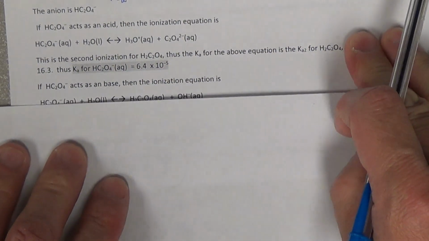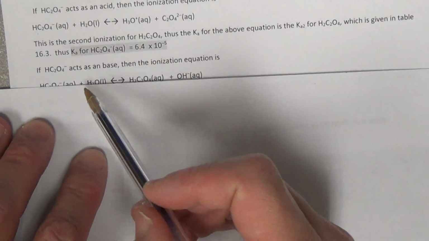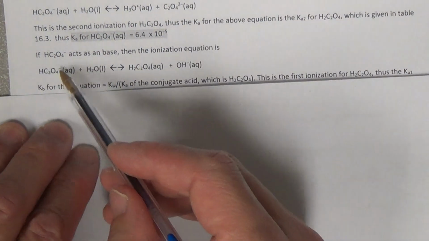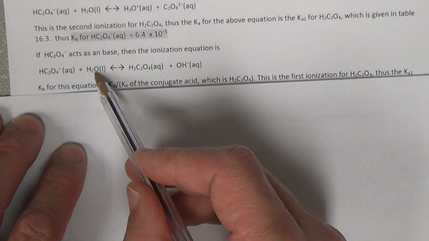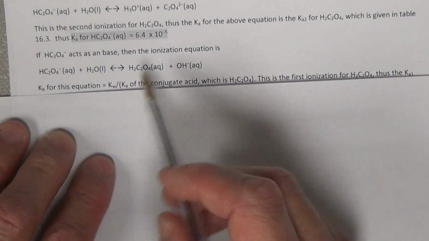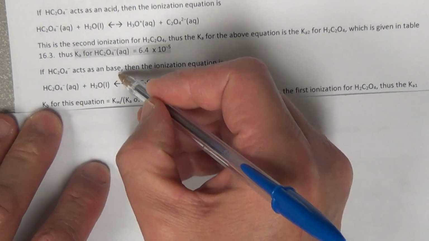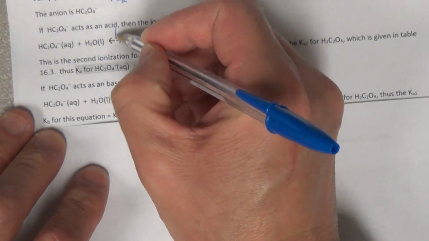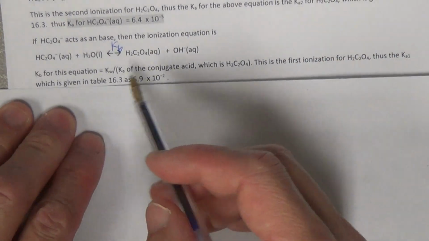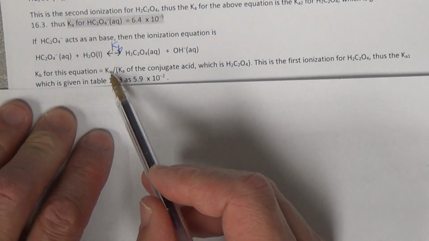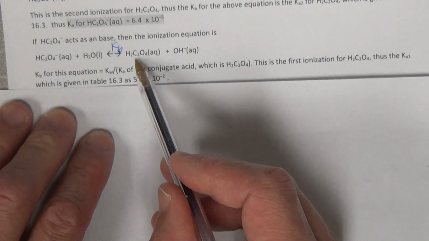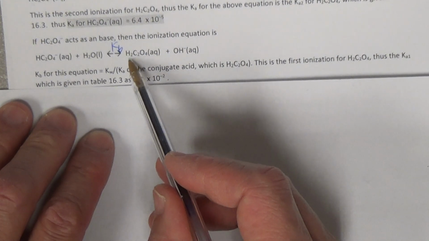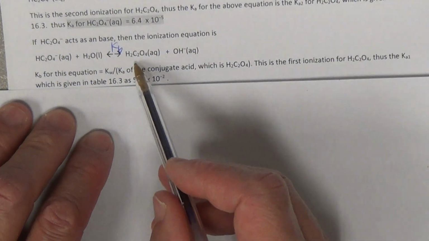If this ion acts as a base, it accepts one more H plus and becomes H2C2O4, and water loses H plus to become hydroxide. We say this equation has a Kb. How do we find the Kb for this one? Similar to the first question, Kb equals Kw divided by Ka of the conjugate acid. The conjugate acid has two Ka values, Ka1 and Ka2, and starting from the neutral acid, you use Ka1.